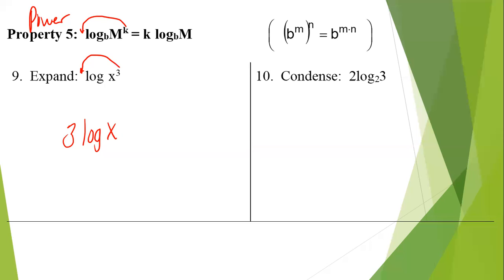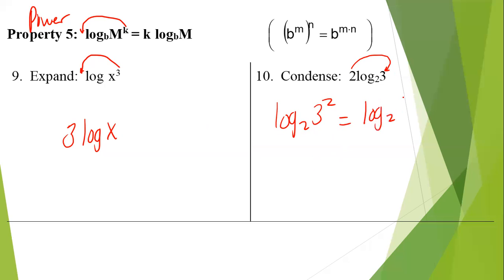Okay, now on the other hand, what if I'm trying to simplify or combine like terms? I can now take my variable, my factor, and turn it into a power. So this becomes log base 2, 3 squared. And what is 3 squared? 9.